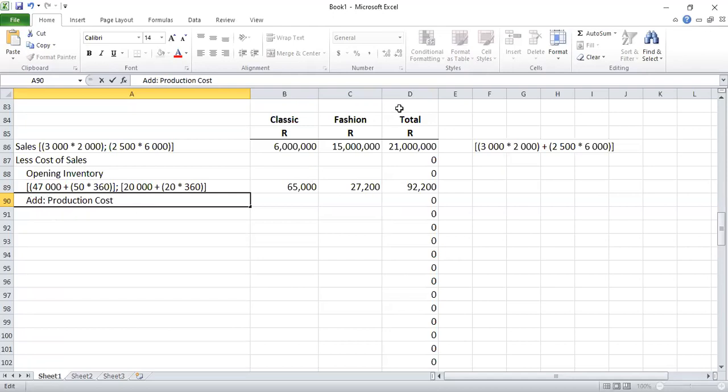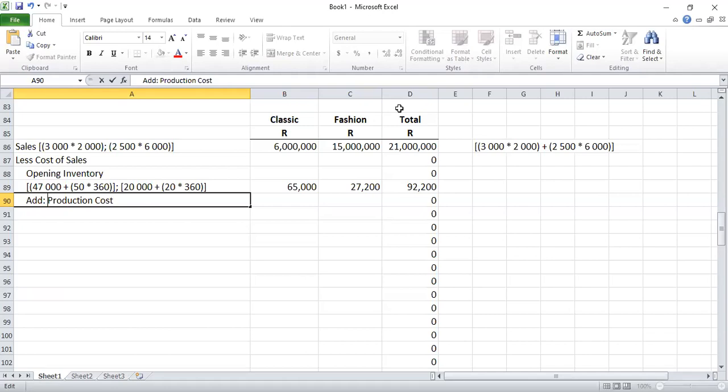The 47,000 and the 20,000, is it the fixed or inventory, or what is happening there? It is the value according to variable costing.